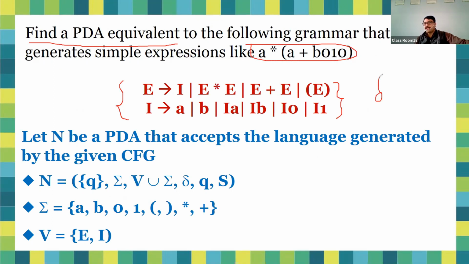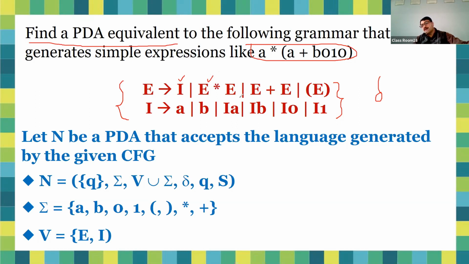But the important point here is that after seeing the production rules, you should know what the variables and what the terminals are. If I talk about the production of E, you will find that I is a variable, E is a variable, and there is no other. Right? So there are only two variables, E and I. Clear?